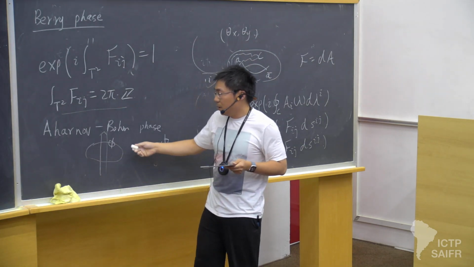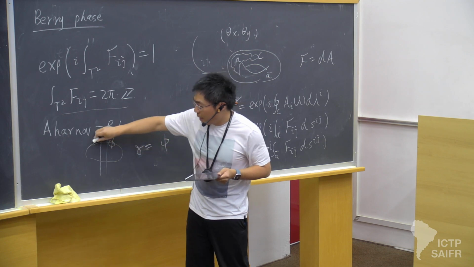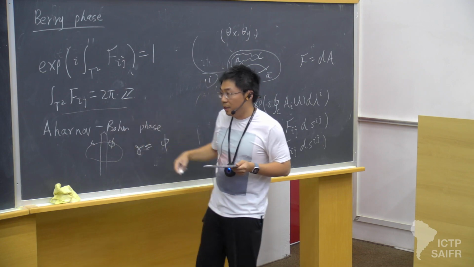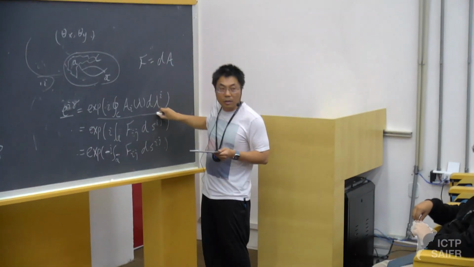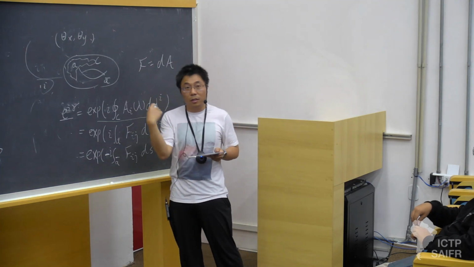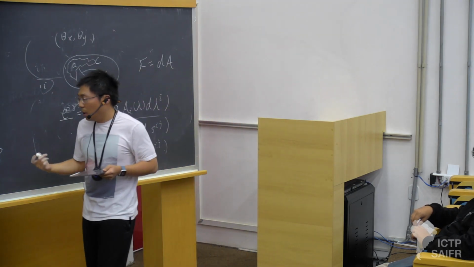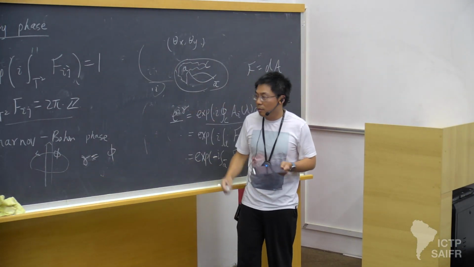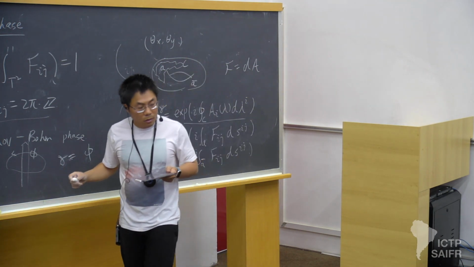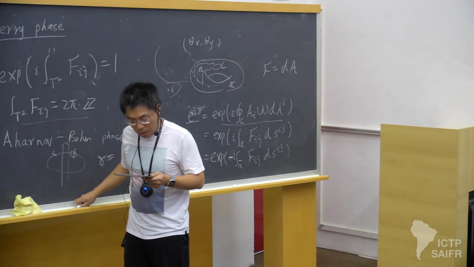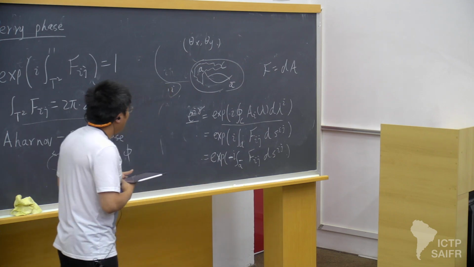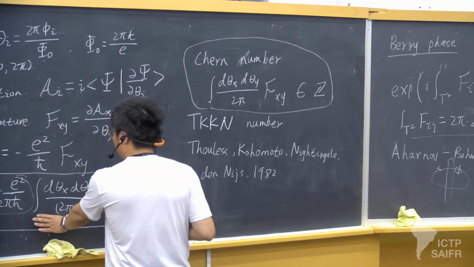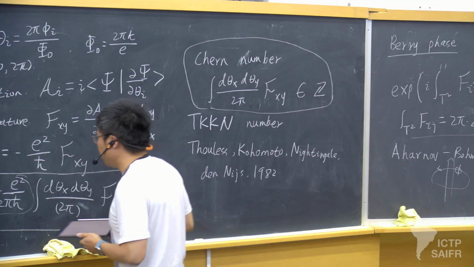And in the Aharonov-Bohm effect, you can equivalently compute this phase factor just using this type of formula: you do the integral of your vector potential along the circle. Then you get this Aharonov-Bohm phase, right? So yeah, I think I'm running out of time. I hope you now get the idea of why this Hall conductivity is a quantized value, right?